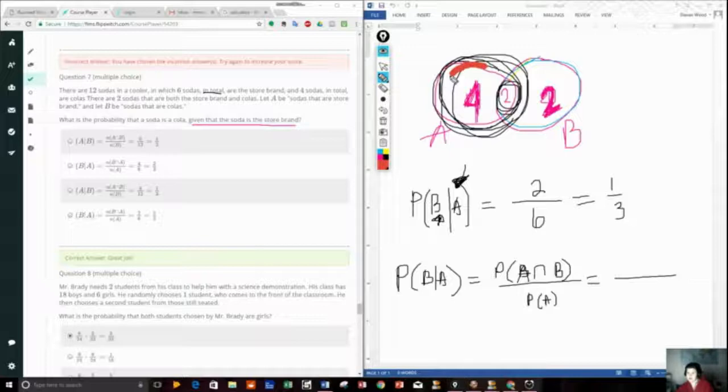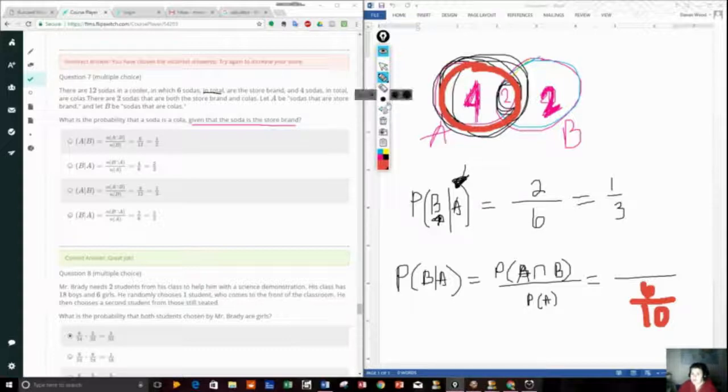And right now, for A's circle, we have a total of 6 in A's circle out of how many sodas? There's going to be 10 sodas in total. So the probability of just picking one that is store brand is 6 out of those 10.